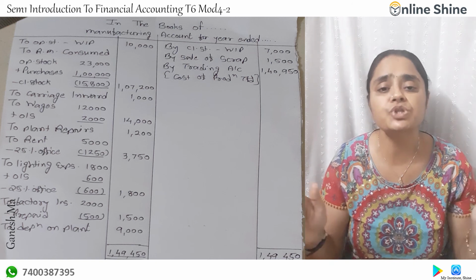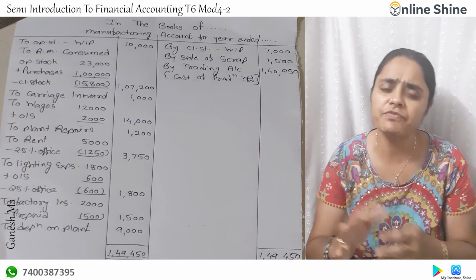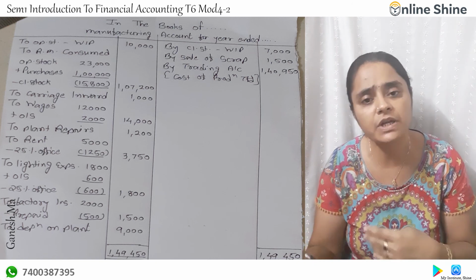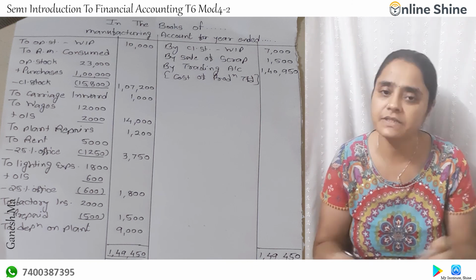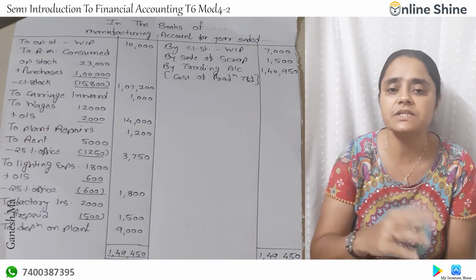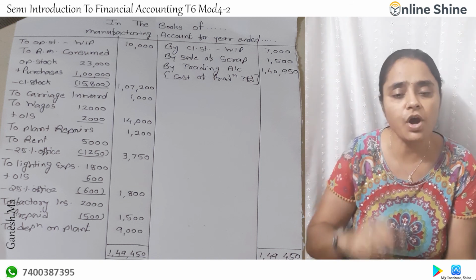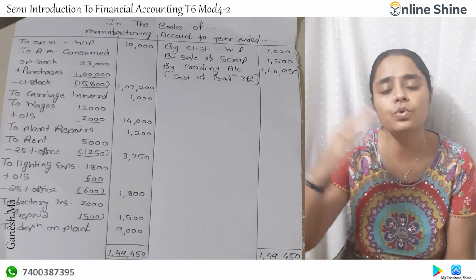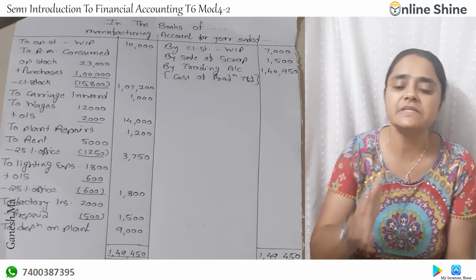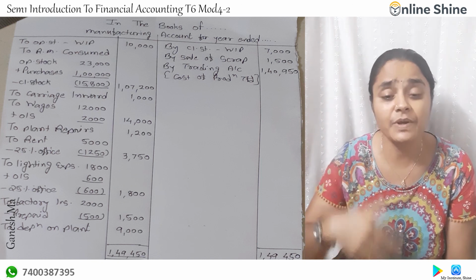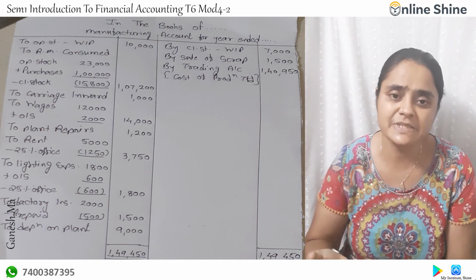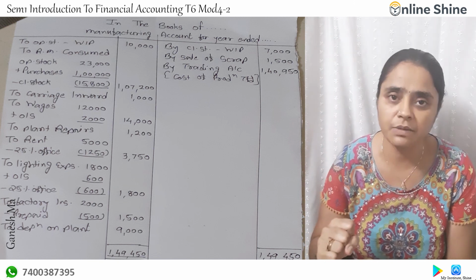So I just apportioned that entry. It may be 50-50%, it may come as 60 or 40%, but here it is 25 and 75%. So whatever the percentage related to whichever area, you will transfer over here. Here 25% is used for office. That means 25% will go to my P&L account and the 75% will go to my manufacturing account, because that is used for my production purpose, related to manufacturing.